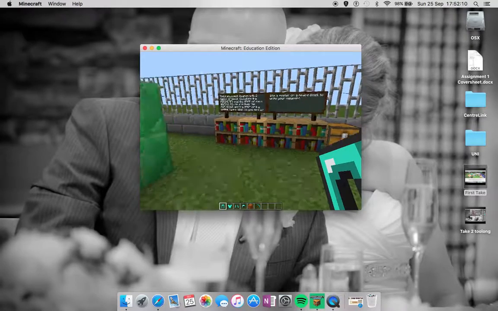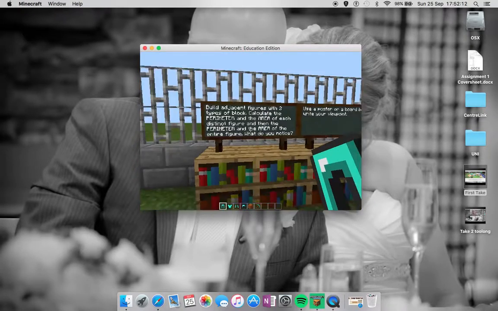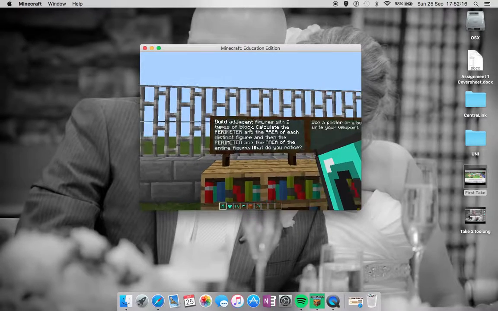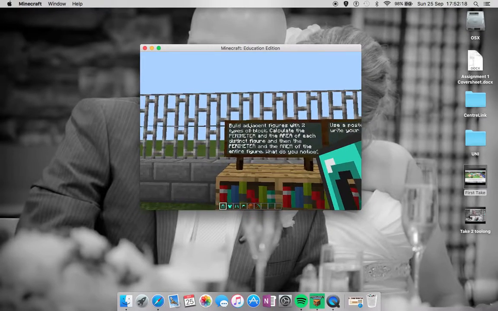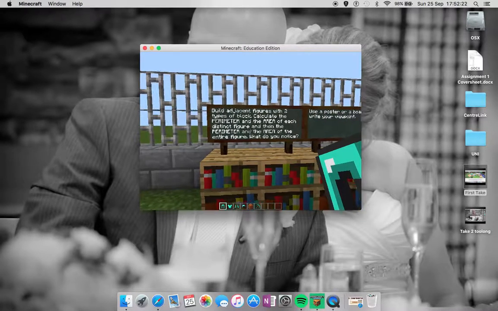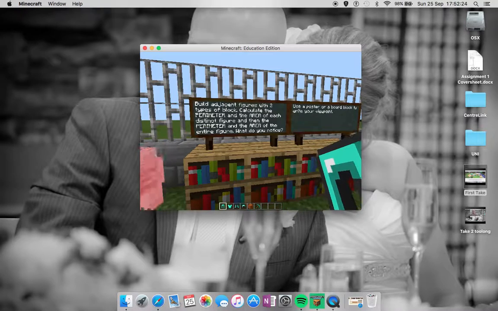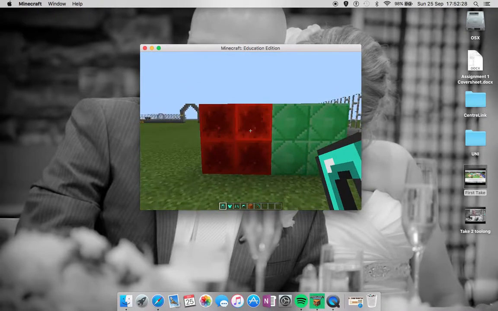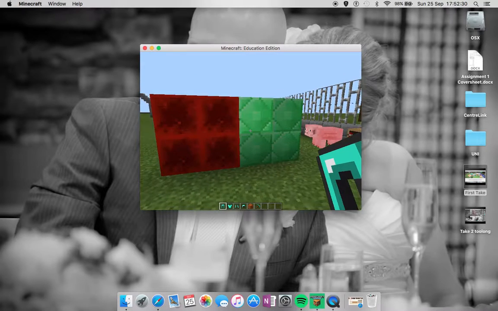If we walk over to the blackboard: build adjacent figures with two types of block. Calculate the perimeter and area of each distinct figure, and then the perimeter and area of the entire figure. What do you notice? Okay, go back here, two different coloured boxes.